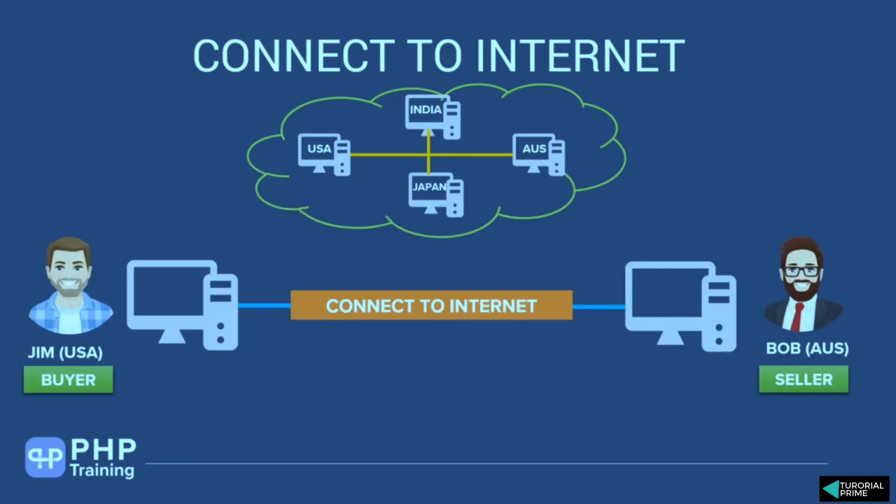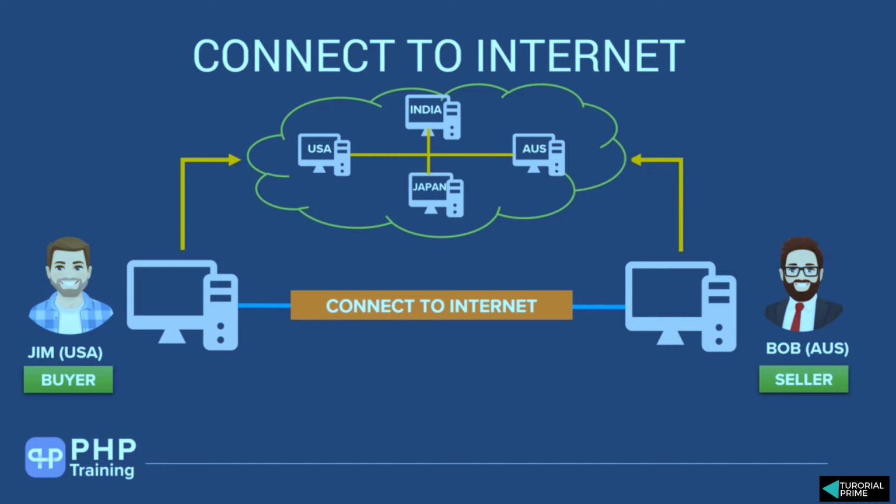So let's take a step back. Now let's understand Jim and Bob's problem. Jim's computer is in USA and Bob's computer is in Australia. With the help of the internet, if Jim's computer can connect to the internet and Bob's computer can connect to the internet, then they are all connected via a single wire and now they can find each other, because the internet is a network where all the computers can be reached and found.